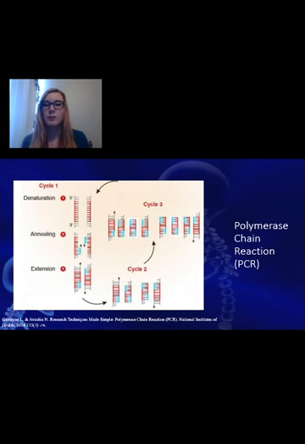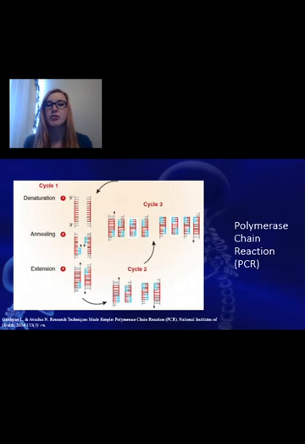So PCR is one of the main methods that is used in this experimental research. It is used in amplification, and it produces millions of copies of the DNA fragment of interest. It involves 3 main steps: denaturation, annealing, and extension. During denaturation, the double-stranded DNA is heated to approximately 94 degrees, and this separates the double strand into 2 single strands.